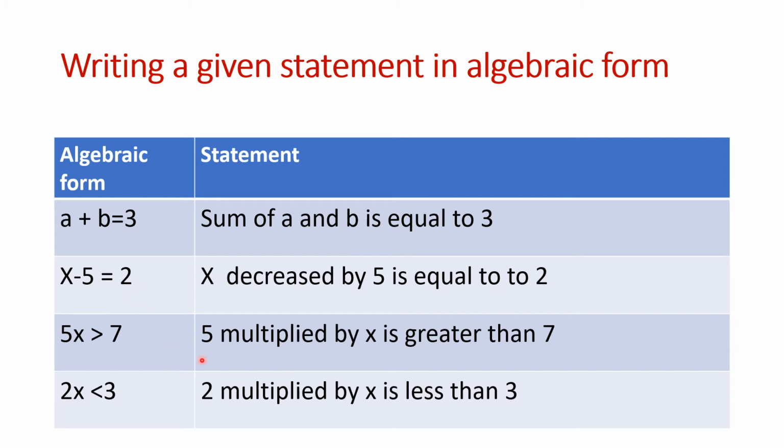Suppose we are looking at this algebraic form, 5x. 5x means 5 into x. 5x is greater than 7 means 5 multiplied by x is greater than 7. What will this statement be? 2x less than 3. 2x means 2 multiplied by x, so 2 multiplied by x is less than 3. So this is how we write statements.